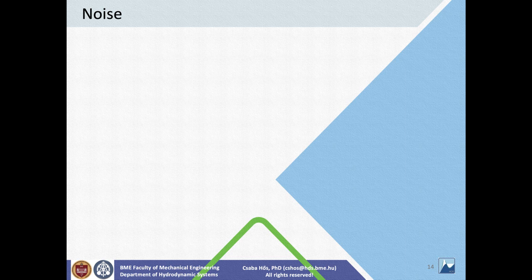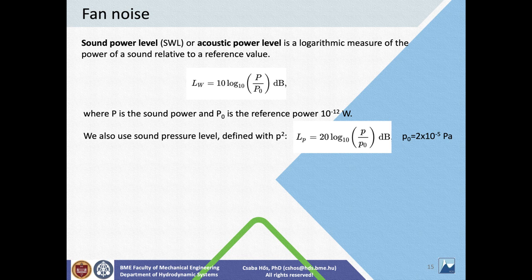If there is an office in which people are trying to work, it's not good if you can hear that the ventilator is running and it adds an extra noise level. Okay, so for noise measurement, we usually use the so-called sound pressure level, SWL, which is basically the acoustic power level, and we use a logarithmic measure.